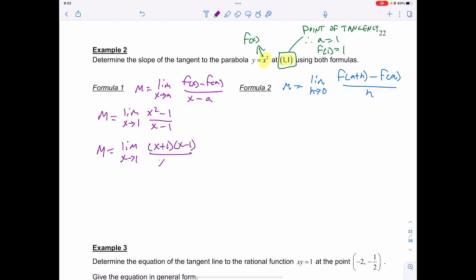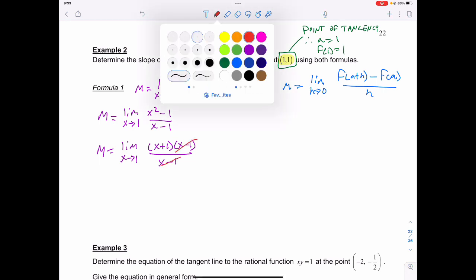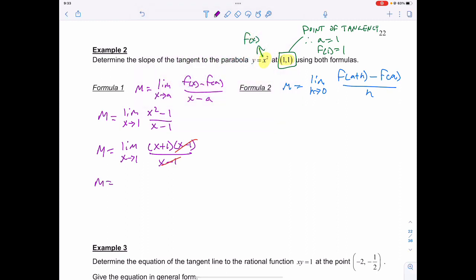This is all over x minus 1. We remove the common factor of x minus 1 from the numerator and denominator, which means that we have the limit as x approaches 1 of x plus 1, and I can do direct substitution. My slope is going to be 1 plus 1, or 2.